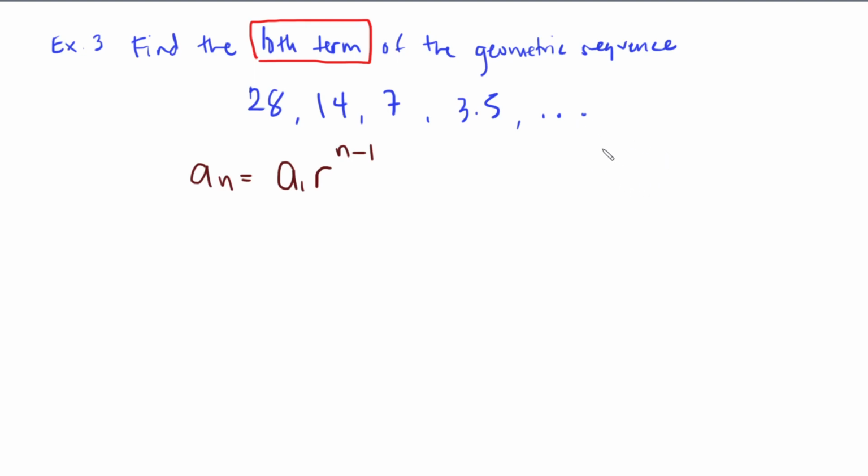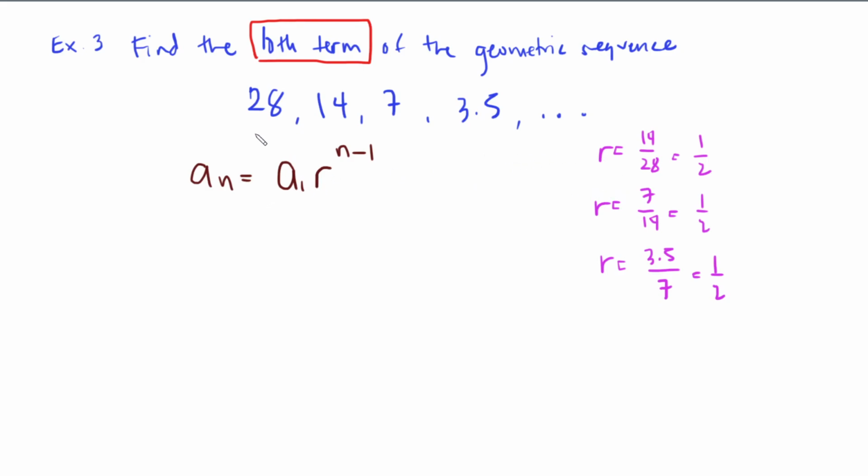So, ang r natin is 14 divided by 28, that is 1 half. Check natin kung sa iba ganun din. No? 7 over 14, okay, also 1 half. And 3.5 over 7, also 1 half. Okay, kasi kalahati ng 7 is 3.5.